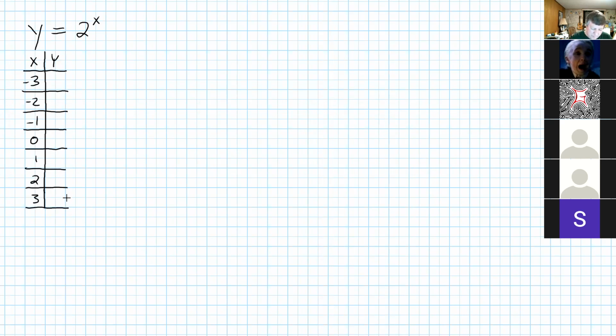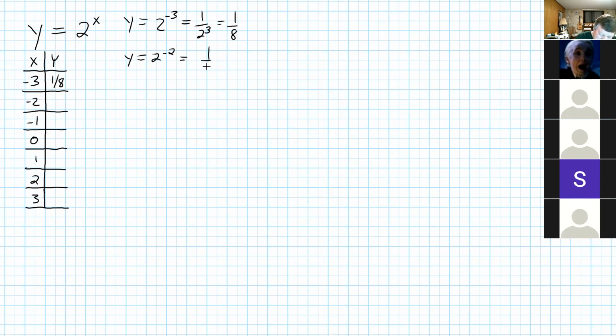If x is -3, y equals 2 to the -3 power, which would be 1 over 2 to the +3 power, or 1/8. We okay with that? If x is -2, y equals 2 to the -2 power, which is 1 over 2 to the +2 power, or 1/4.